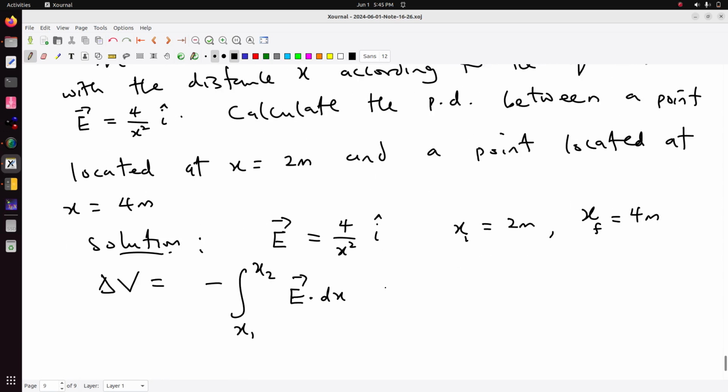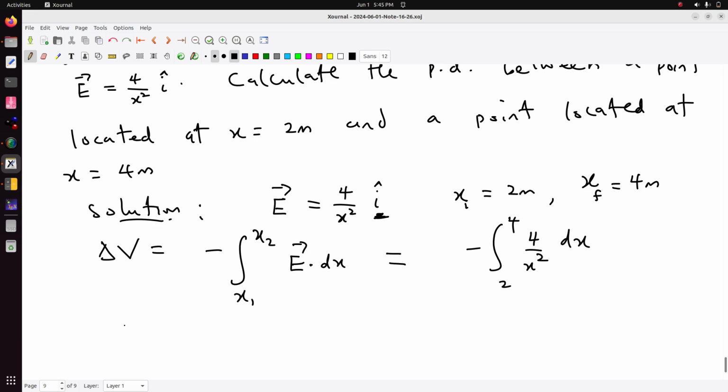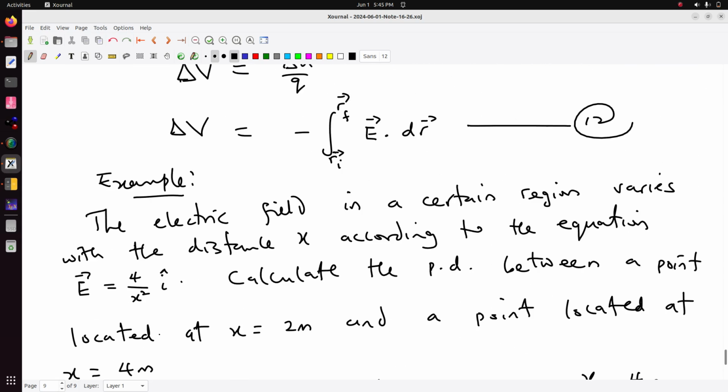The x1 in this case is 2, while x2 is 4. And E is 4 over x squared. Since this is just in one dimension, we can remove the vector notation.